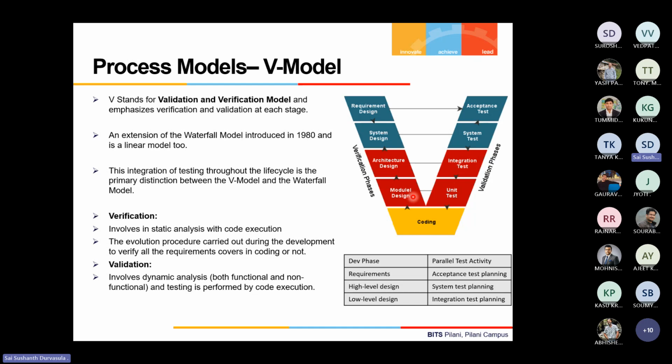So they are joined with the coding phase here. Hoping this is clear. This is just taking one step forward, introducing validation stages for each verification phase we had otherwise in the waterfall model.